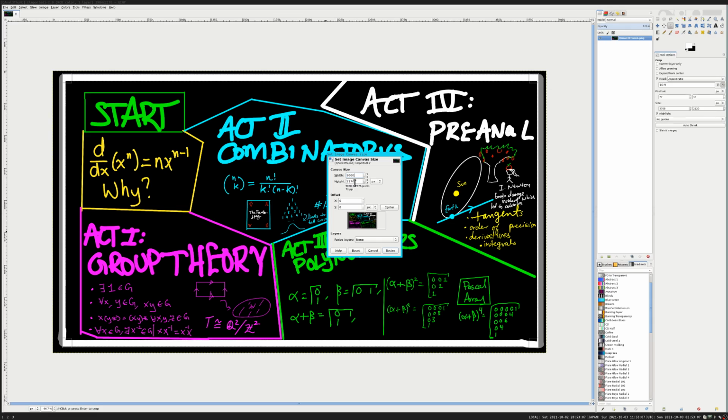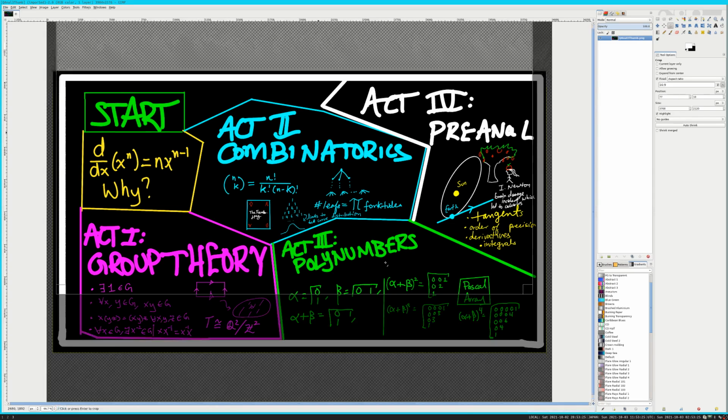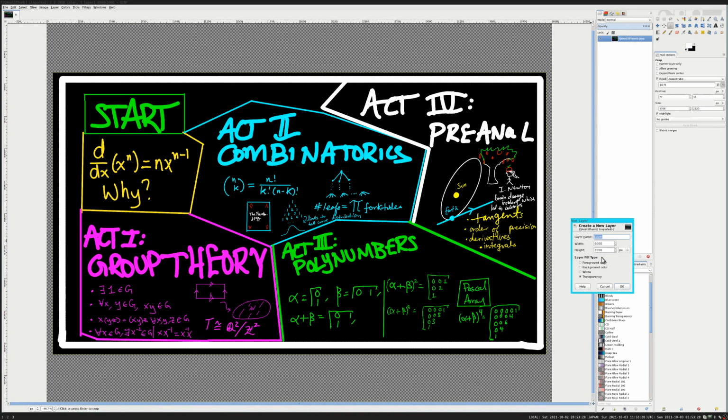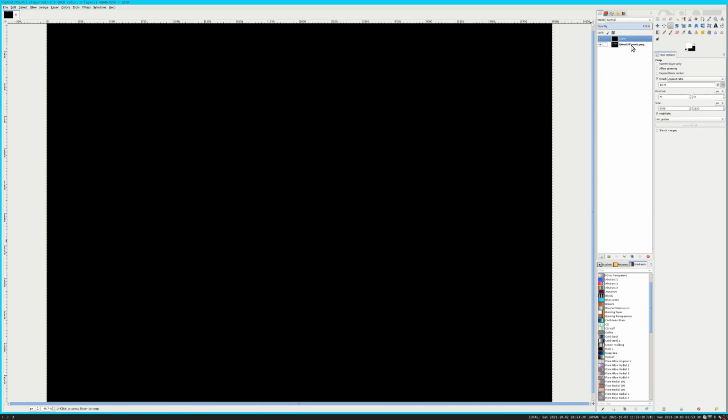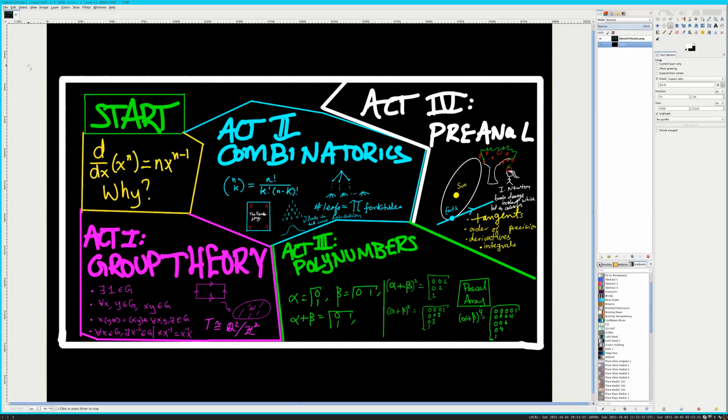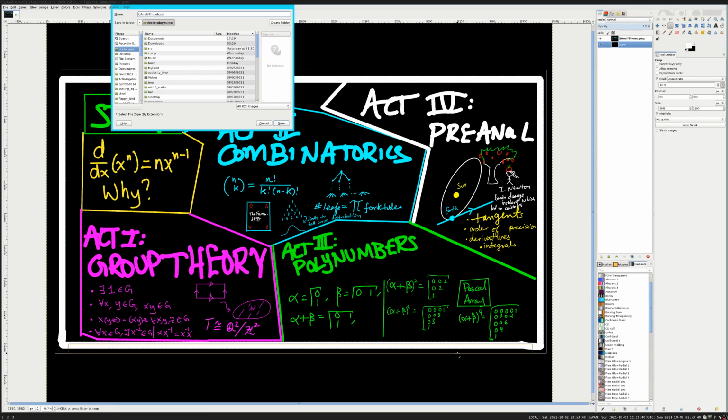Nope. Reset. 4,000 center. Okay, and we're going to add a new layer, fill with background color. Alright, here we go. 16:9.